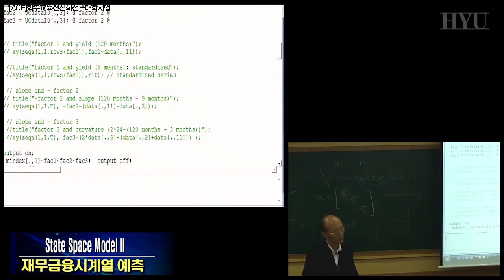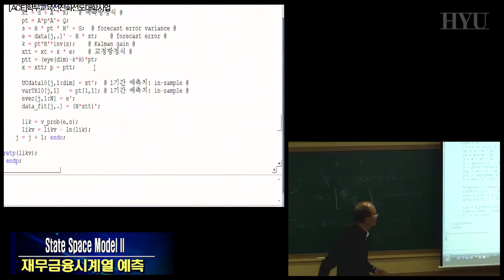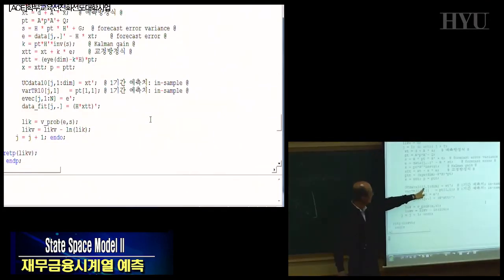You see data 1, 0, which is the 1 through dimension. So J counter 1 through 99, J counter 1, 2, 3.